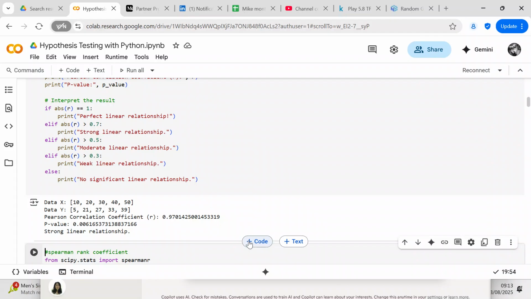We've got a p-value of 0.006, so your p-value is less than 0.05. And if your p-value is less than 0.05, that means that the null hypothesis is rejected and the alternate hypothesis is accepted. The null hypothesis would be there is no significant difference between the two samples of data.